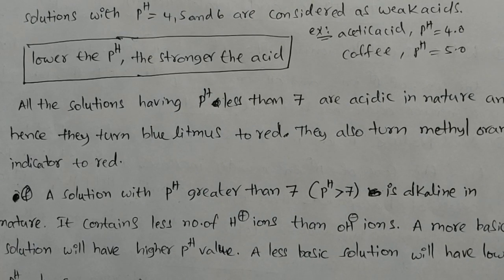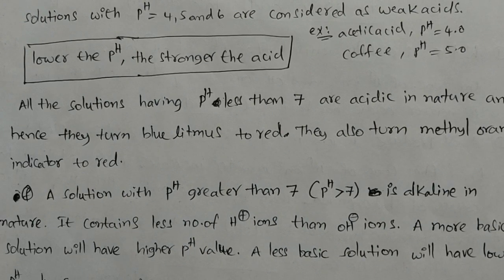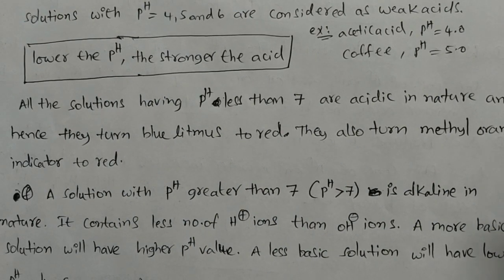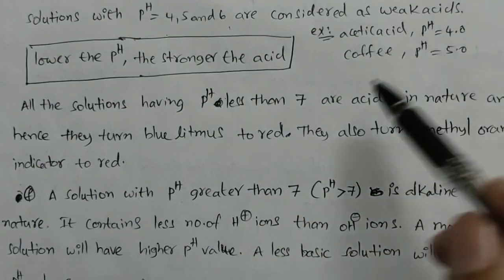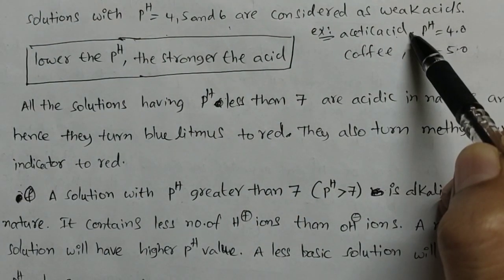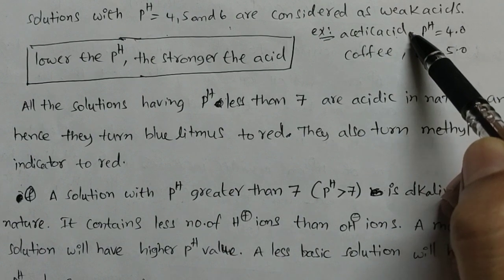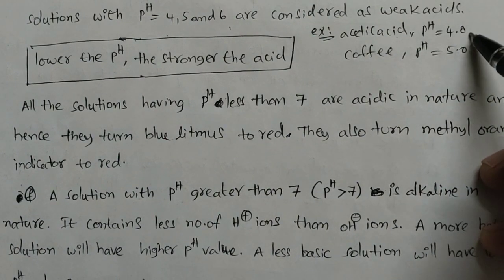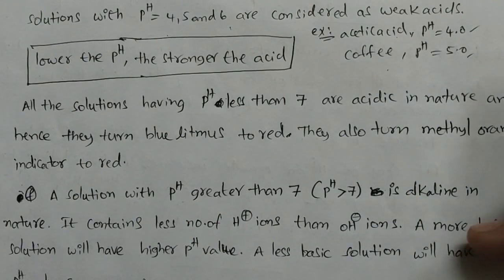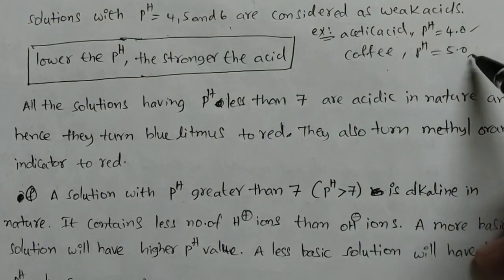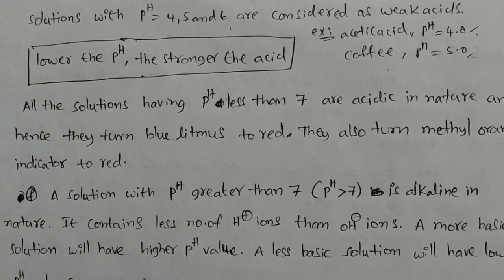No doubt, solutions having pH less than 7 are acids. Among the acids, strong acids have pH 0 to 3. Weak acids have pH 4 to 6. For example, vinegar, of which acetic acid is the constituent component, has a pH of nearly 4 to 4.2. Coffee that we drink every day has a pH of 5.0. So coffee is a weak acid, and acetic acid is also a weak acid.